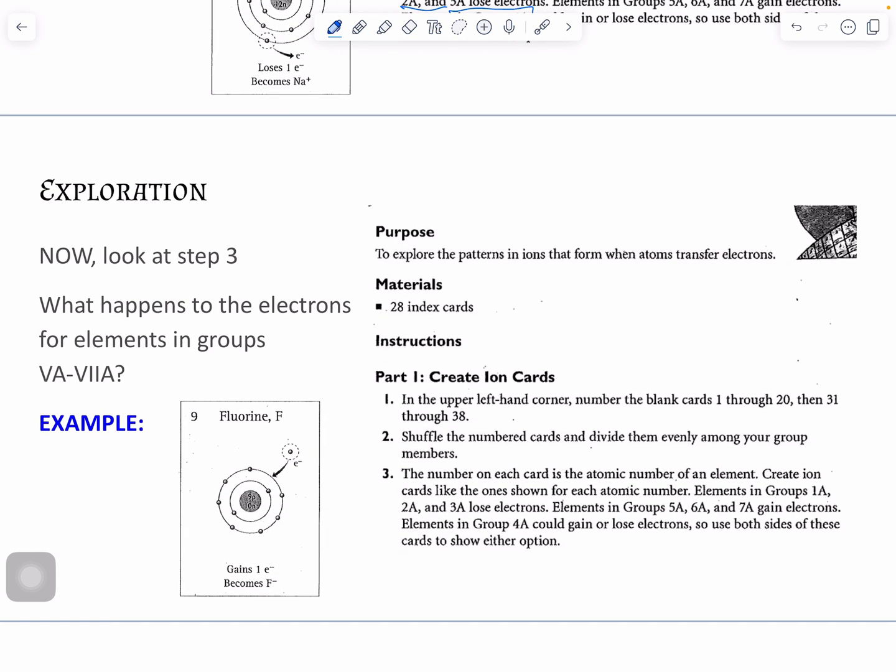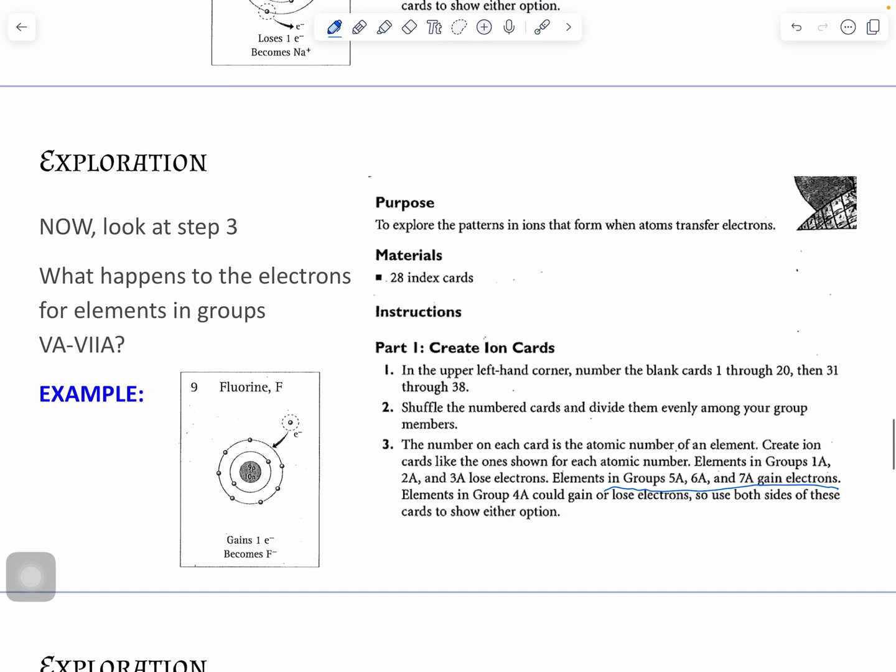Now, read the instructions. What happens to the electrons for elements in groups 5A to 7A? 5A to 7A gain electrons. How many are they going to gain? They're going to gain until they have 8 electrons in their valence shell. So group 5, they're going to gain 3.